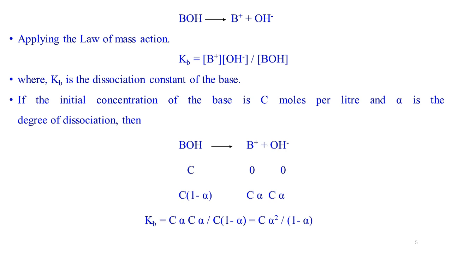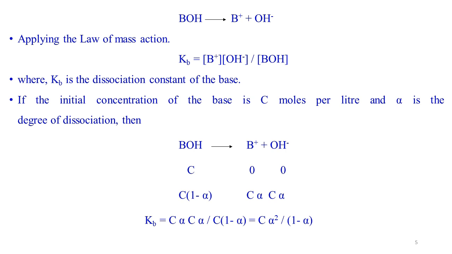If the initial concentration of the base is C moles per liter and alpha is the degree of dissociation, then BOH gives B+ and OH-. At the beginning of the reaction, the concentration of BOH will be C and the concentration of products will be 0.